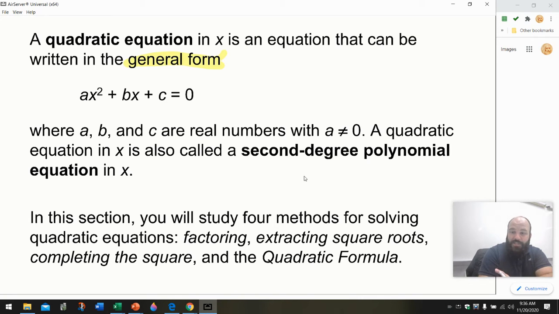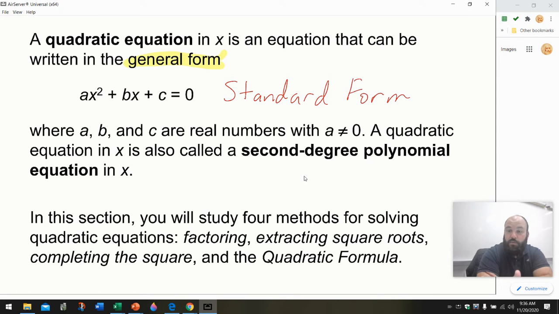Now, last year and even this year, what you'll hear me refer to this form is actually called standard form. It is very important for you to understand that when the directions tell you to write a quadratic equation in general form, they actually mean standard form. I don't know why this book refers to this as general form.